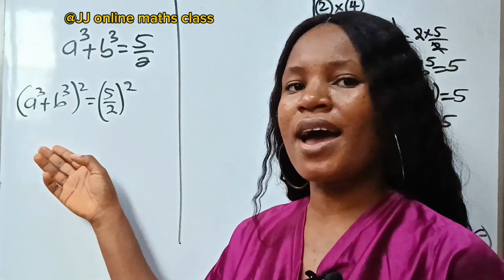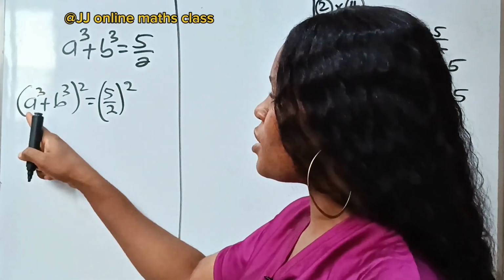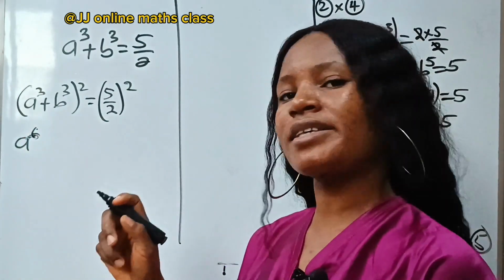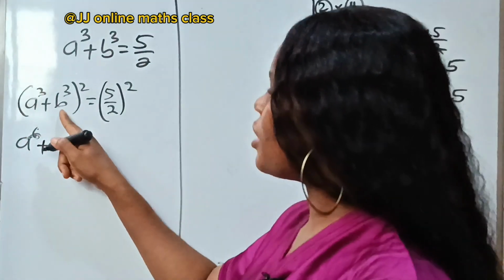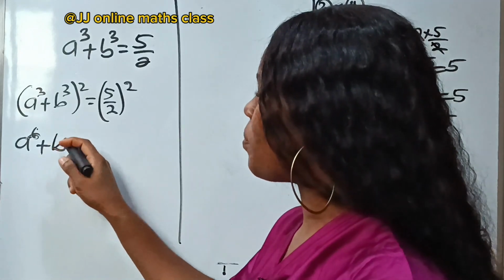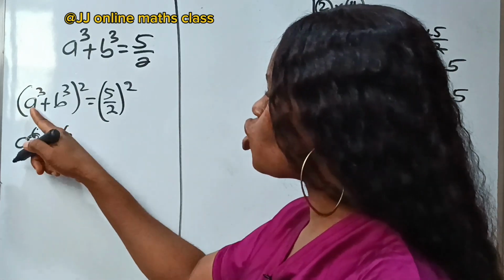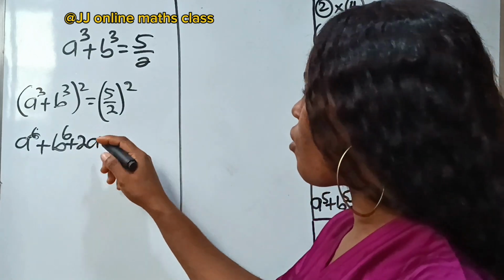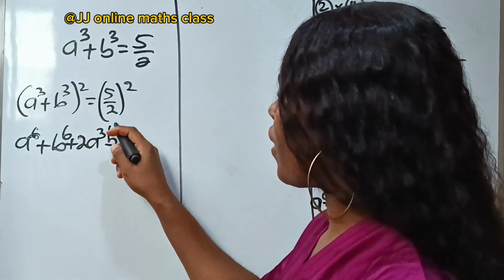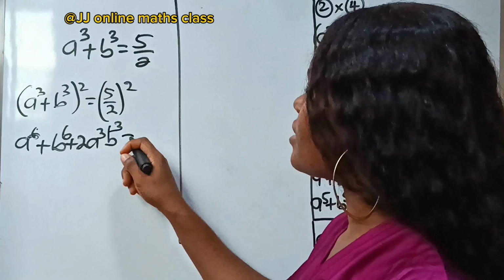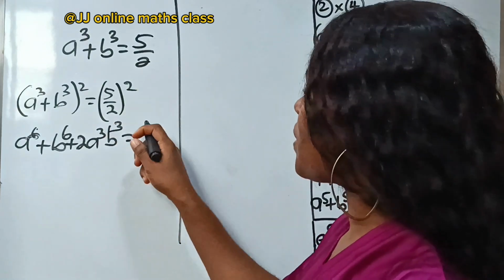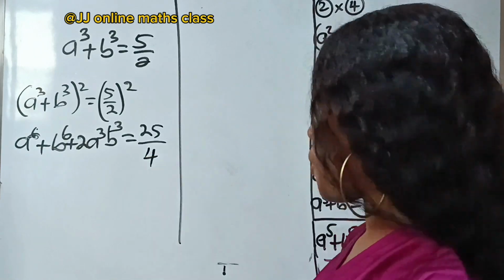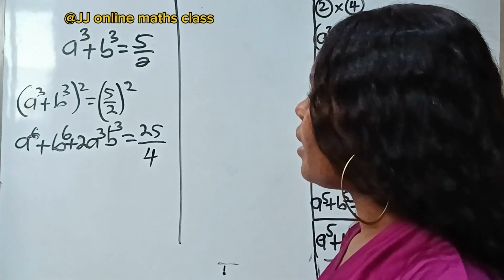All right, now using our algebra identity, this can be written as a to the power of 3 squared, which is what? A to the power of 6, just like I explained, plus b to the power of 3 squared is b to the power of 6, plus 2 times this and this, 2 a to the power of 3 b to the power of 3, is equal to 5 squared will give us 25, divided by 2 squared will give us 4. Okay, let's continue.